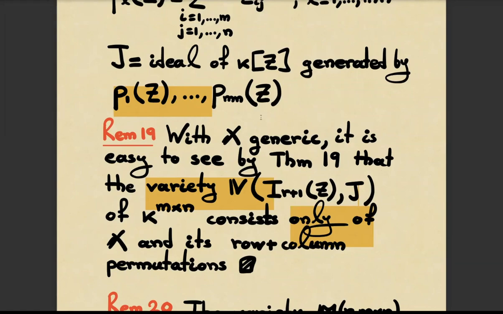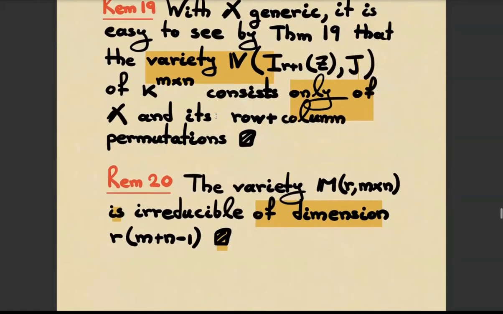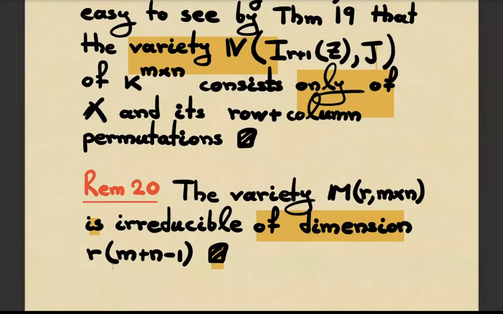Each polynomial defines a hypersurface. What I will see, these hypersurfaces will cut the variety of rank R matrices to X and all its innocent permutations. Now, this variety has dimension.